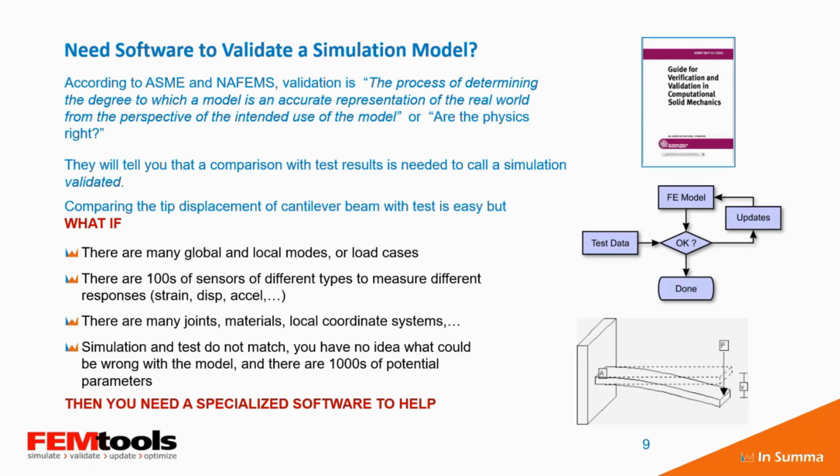So would you need software to validate a simulation model? Well, it depends. If you have a case like shown here on the slide, like a cantilever beam that is bending as a result of a static load, the response may be simply the displacement of that tip, so that is one number, one model, and your variable may be the clamping stiffness or the material property, the elastic modulus.